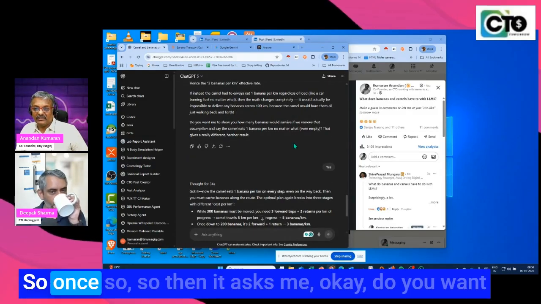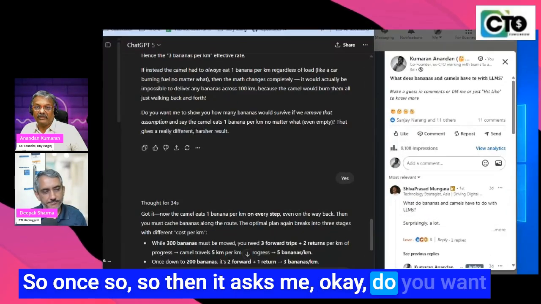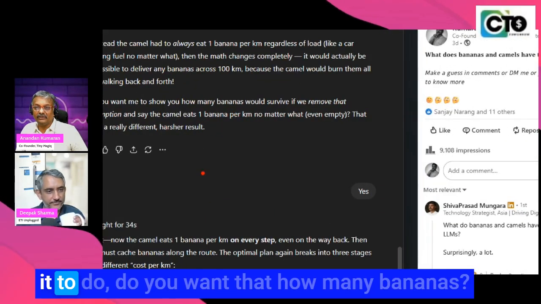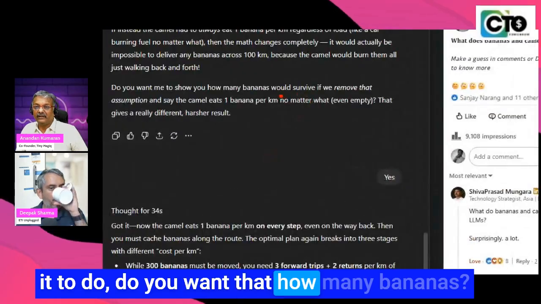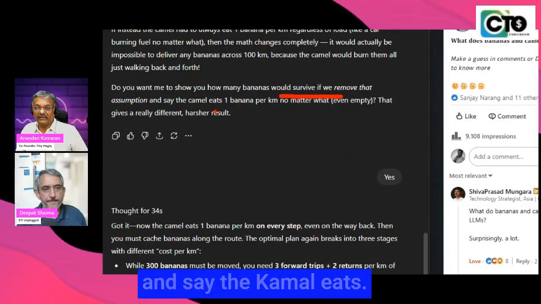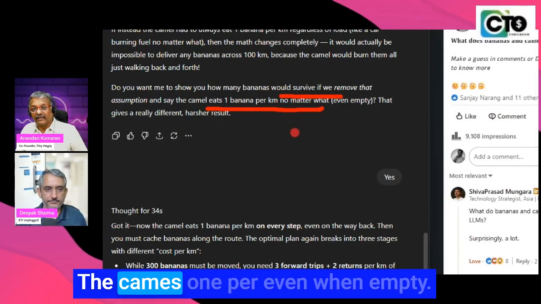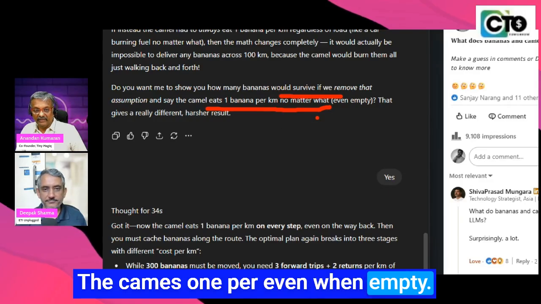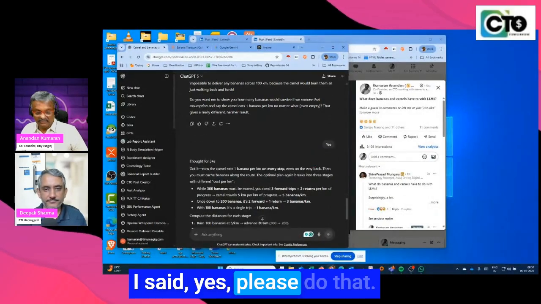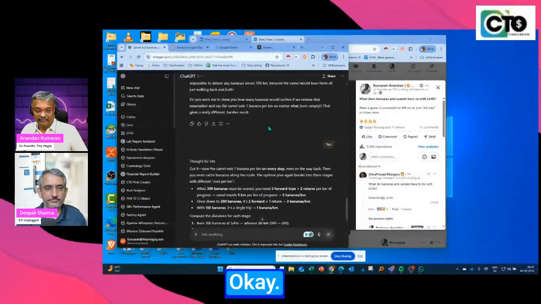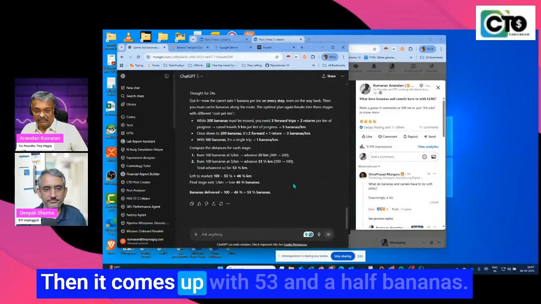So then it asked me, do you want to know how many bananas if we remove that assumption and say the camel eats one even when empty? I said yes, please do that. Then it comes up with 53 and a half bananas.